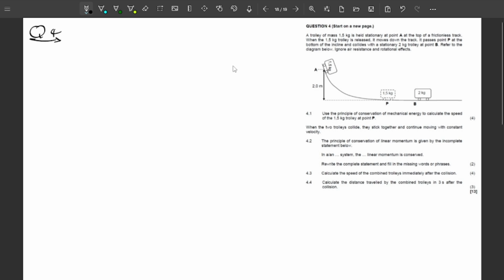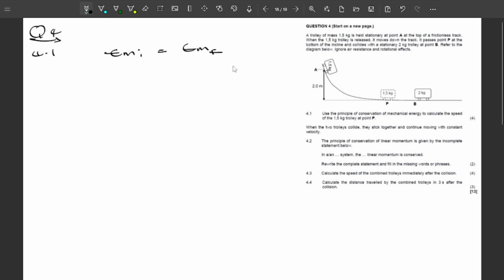Now 4.1. Use the principle of conservation of mechanical energy to calculate the speed of the 1.5 kilogram trolley at P. I'm sure everyone is familiar with the formula: mechanical energy before equals mechanical energy after.